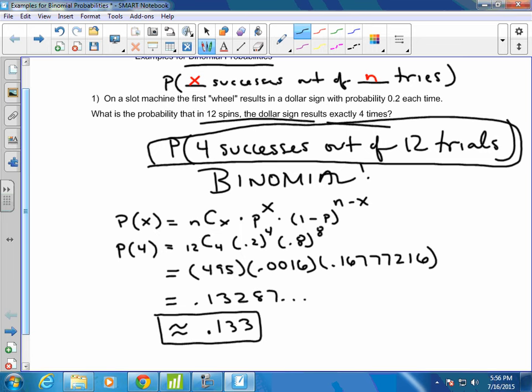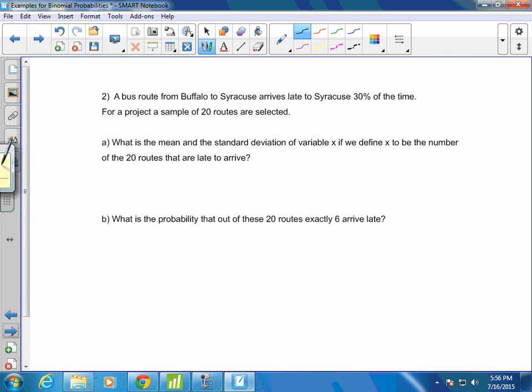All right, let's see what's next. A bus route from Buffalo to Syracuse arrives late to Syracuse 30% of the time. For a project, a sample of 20 routes is selected. So A: what is the mean and the standard deviation of variable x, if we define x to be the number of the 20 routes that arrive late?